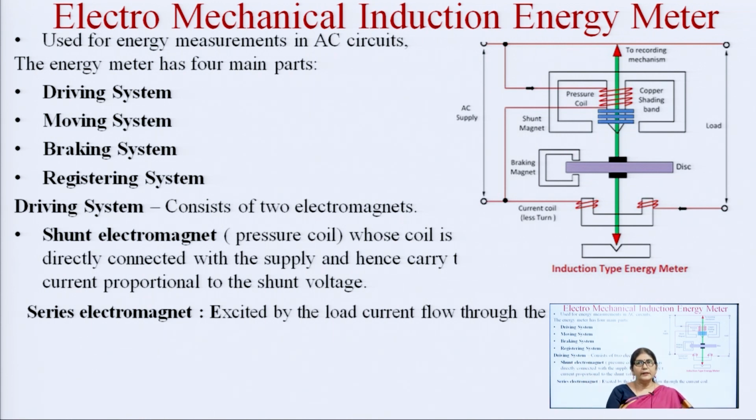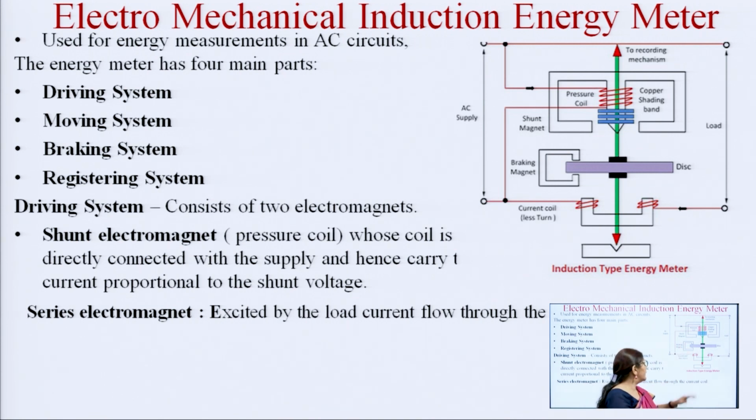In the wattmeter, since there is movement of the needle, we use a control spring to control its motion, so that the deflection of the needle is proportional to the average energy consumed in one cycle. Here we use a braking system, which is a permanent magnet and a disc. When the disc moves, it produces an eddy current, and that eddy current is cut by the braking magnet.